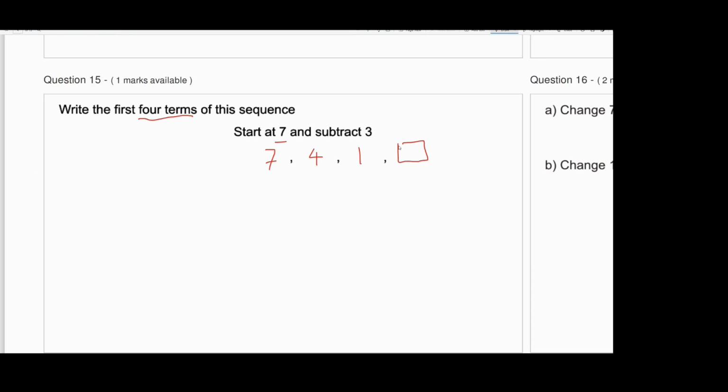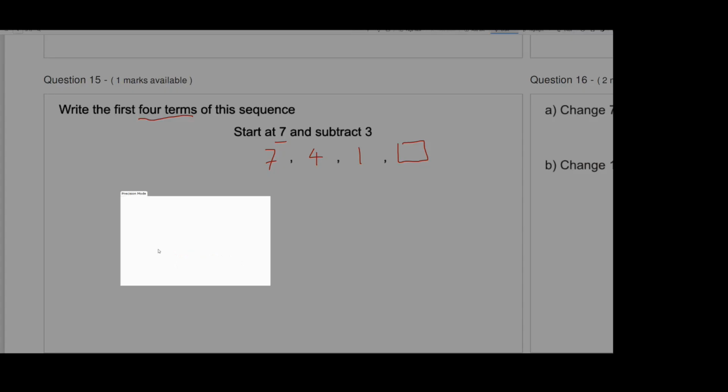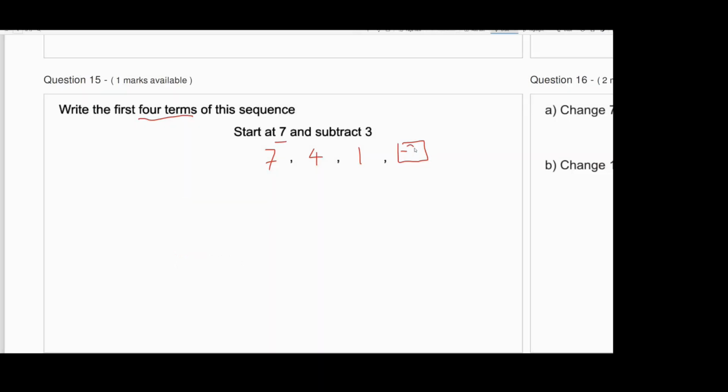So 1 take away 3, it's nearly 1 take away 3. Yeah, minus 2, brilliant. Okay, let's do a little check, that's brilliant.